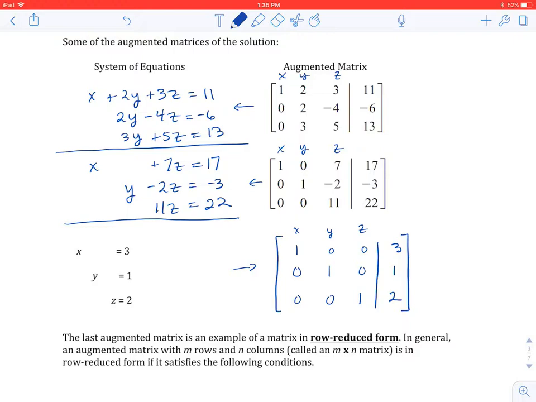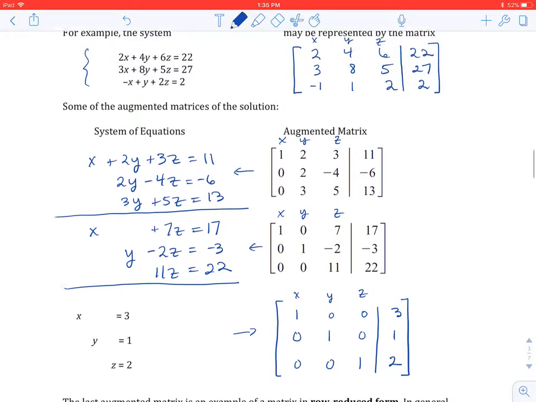All right, now each one of these matrices was associated with a system of equations from the problem solving in the example we just did.